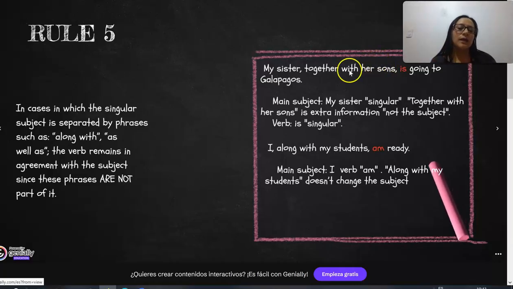That's why my verb is still singular. And then I have along with my students, I'm ready. Same thing, along with my students is extra information that is not part of the main subject.